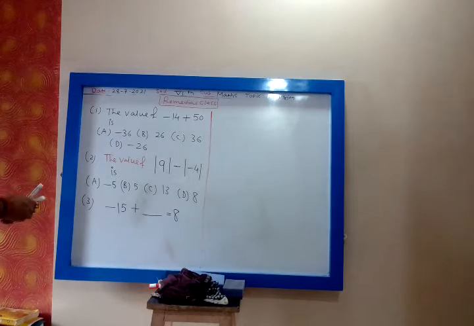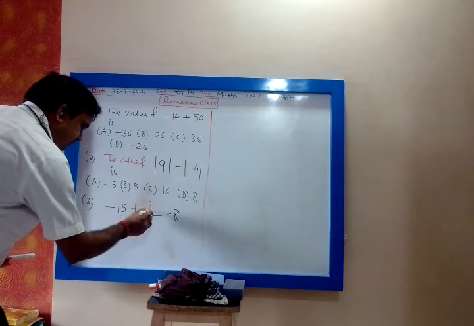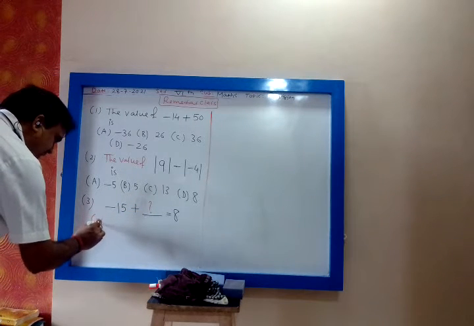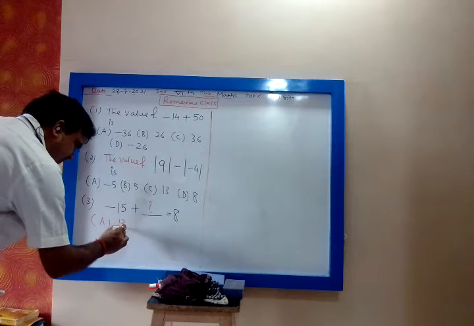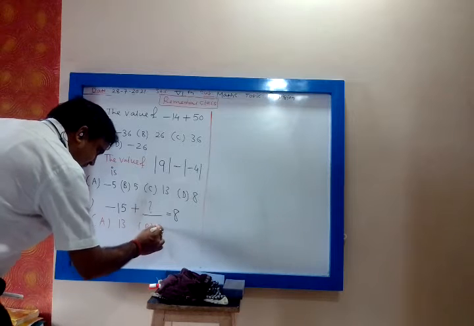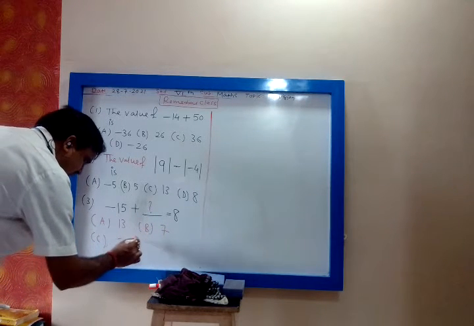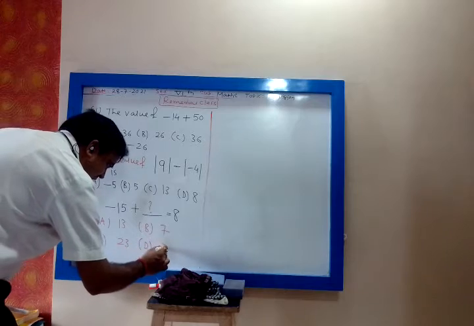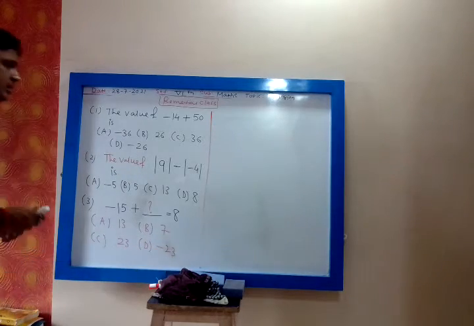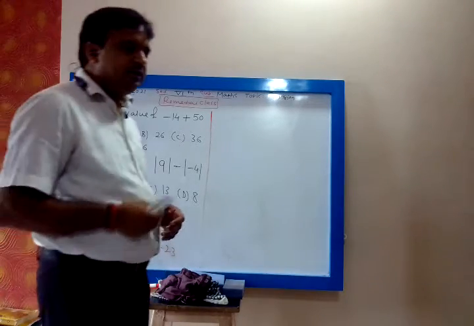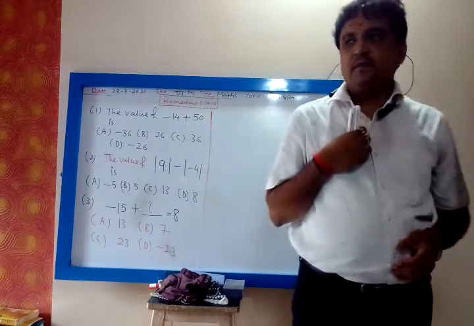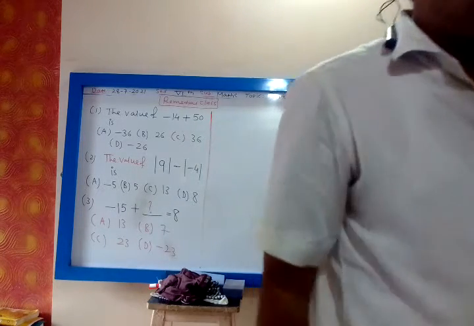Find the value of dash. Options are A, 13; B, 7; C, 23; D, minus 20. So start 1, 2, 3.